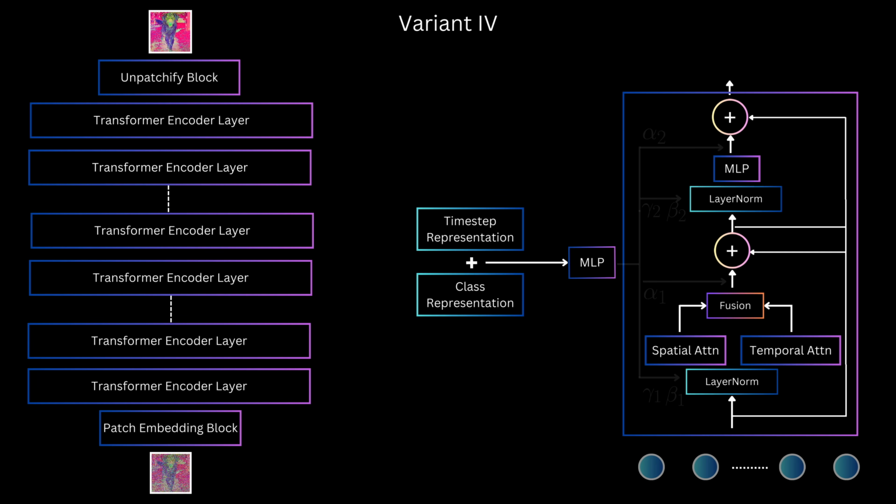The layer norm output is again reshaped differently for each of them to ensure that for spatial attention, we work with this shape, and for temporal, we work with this shape.